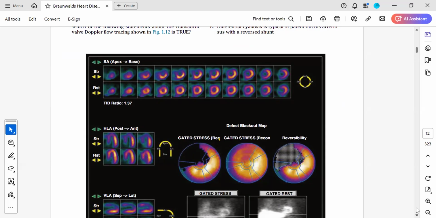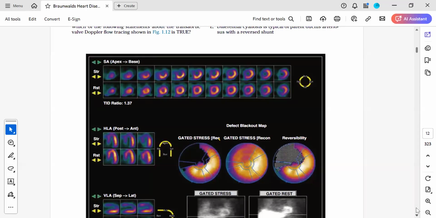And the proximal part of the septum is usually supplied by the proximal left anterior descending, while the distal part is supplied by the right coronary artery. So even looking at these phases, it shows that both the left anterior descending and the right coronary artery are affected. So option D is true.